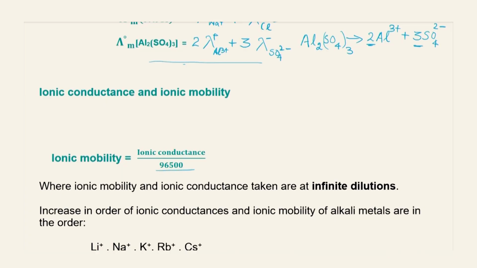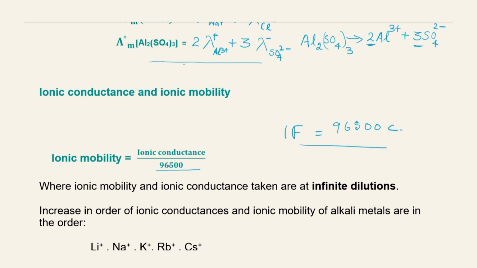Next, let us see what is the relation between ionic conductance and ionic mobility. Okay. They are related by the relation: ionic mobility is equal to ionic conductance divided by 96,500, and 96,500 is what we call 1 Faraday, that is 96,500 coulombs.